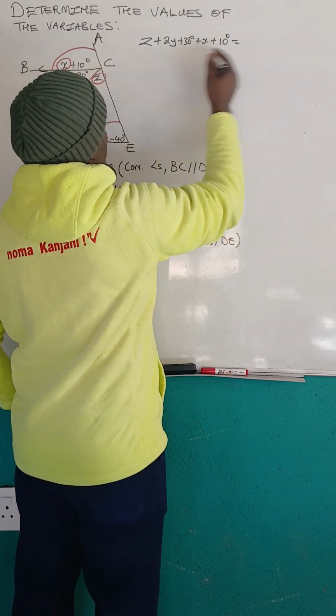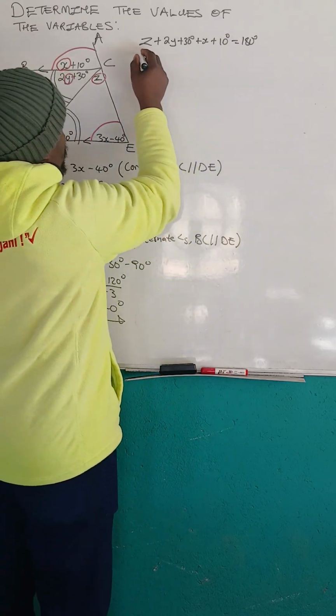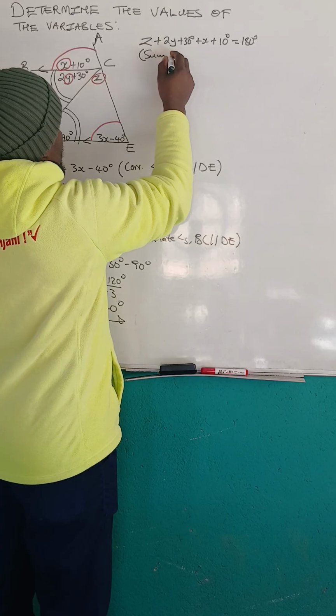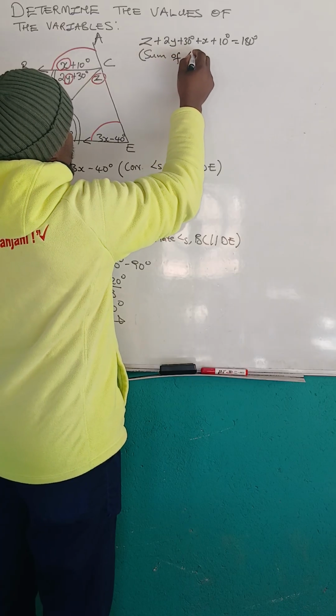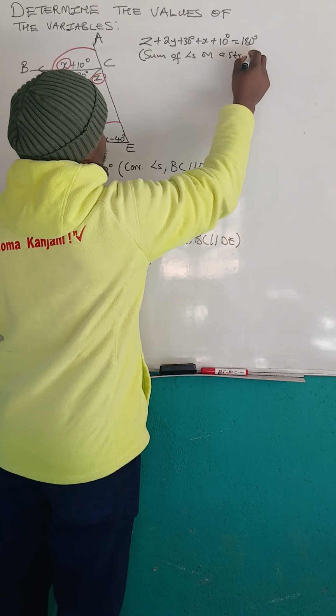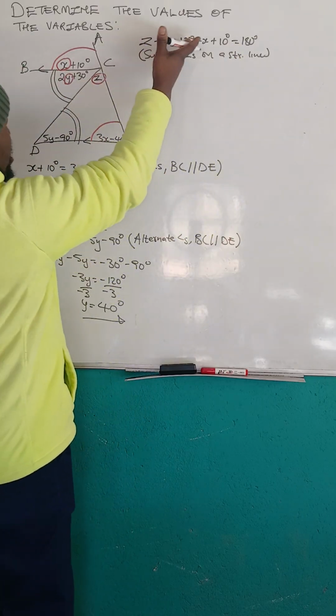The sum of these angles is 180 degrees. So the reason will be the sum of angles on a straight line. So we substitute the known variables in there.